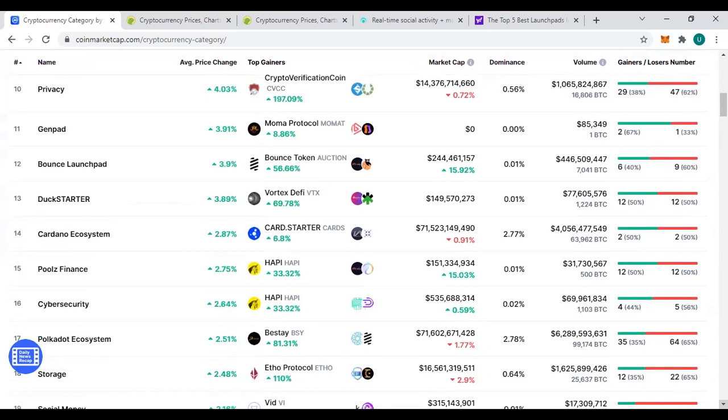Just like I told you, we have different ecosystems, and the same thing applies here. Privacy tokens: when you're looking for coins that use privacy, that means they operate on what we call a private ledger, not a public ledger, in blockchain technology. The first private blockchain ledger that was produced, if I remember right, was a coin called ZEC.